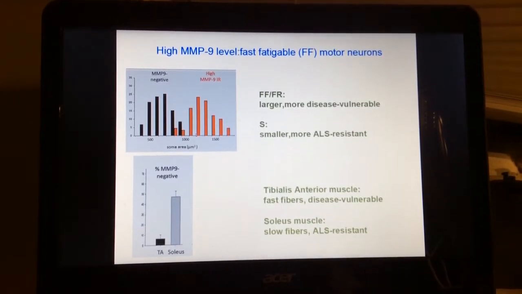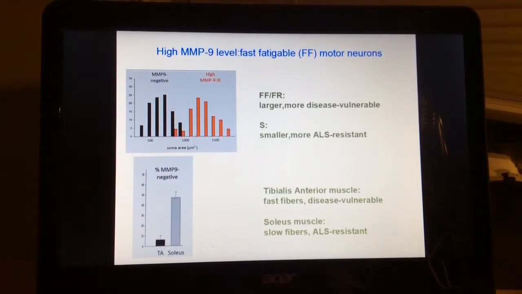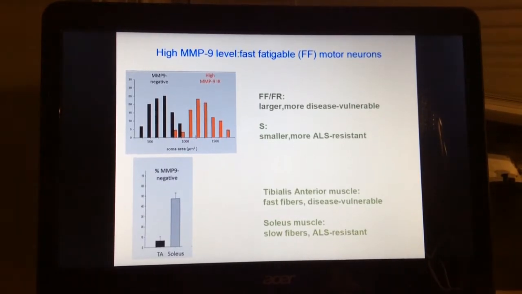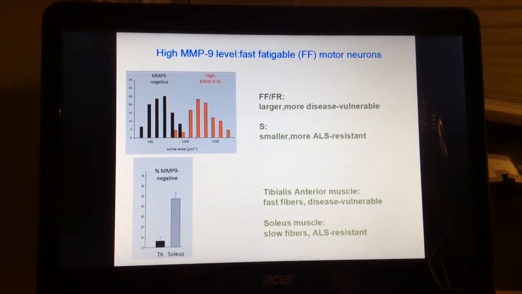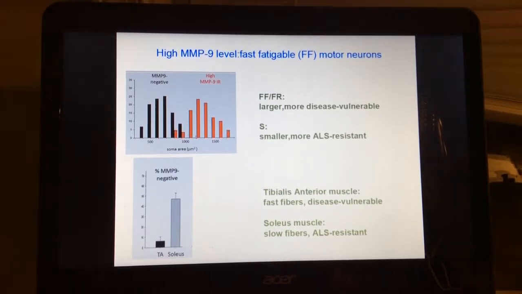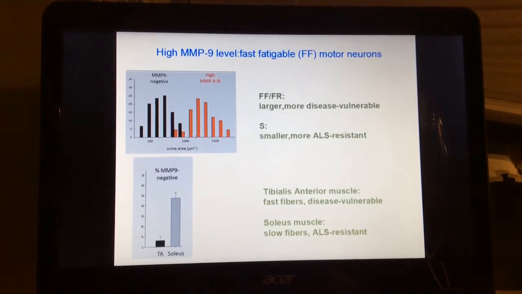Now she knew that tibialis anterior muscle, which is TA muscle, is primarily made up of fast twitch fibers, and soleus muscle is made up of slow fibers. Then she stained these muscles with MMP9.